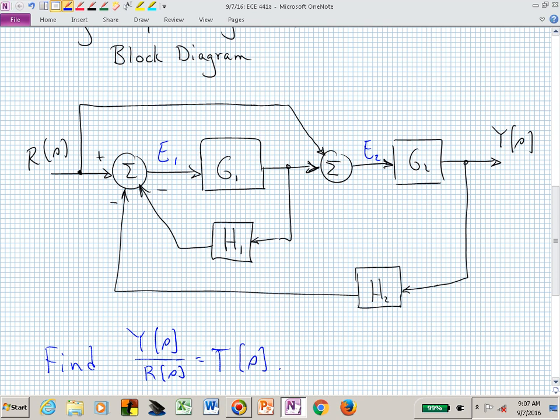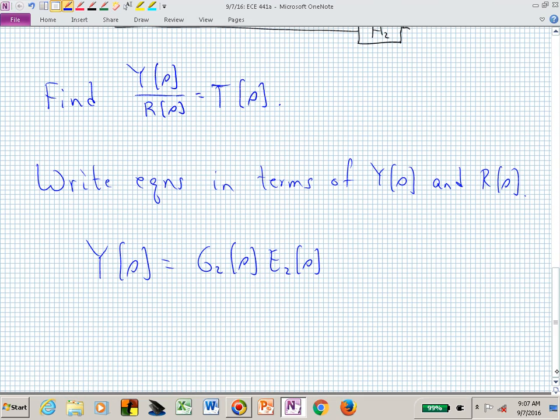The first one coming in from the top left is simply the input R, and the second input is the output from G1, and G1's output is going to be the system or subsystem G1 times the input to that system, E1. So E2 is now R of S plus G1 of S E1 of S.